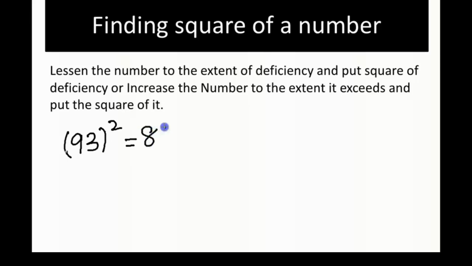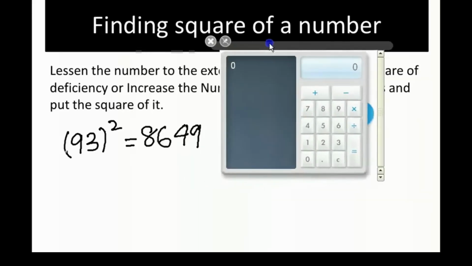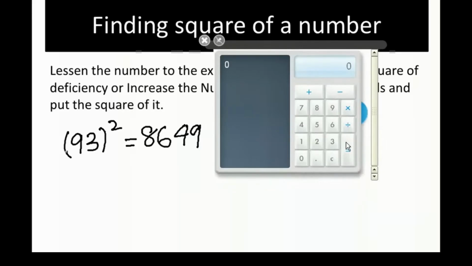So 18 times 6 is 108, and if I do 482 minus 6 or 494 minus 18, whatever I do, I get 476, right?